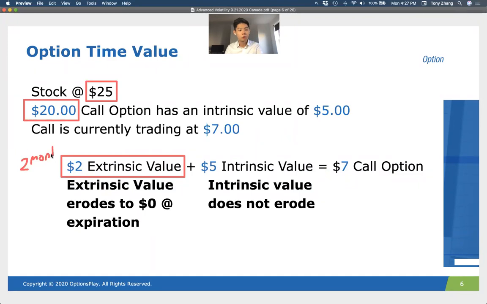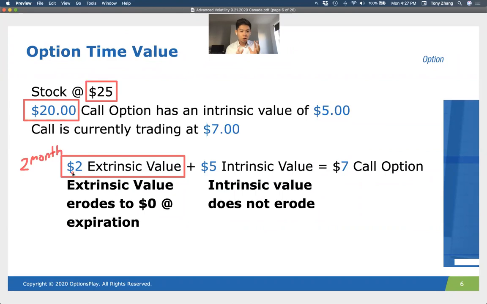I might remember that $2 of extrinsic value is relatively cheap. But what if the stock climbs from $25 to $36? How do I know whether the extrinsic value at that point is cheap or expensive? What you start to realize is that it's very difficult to remember or know whether a call is cheap or expensive. And that's really where we turn to implied volatility.